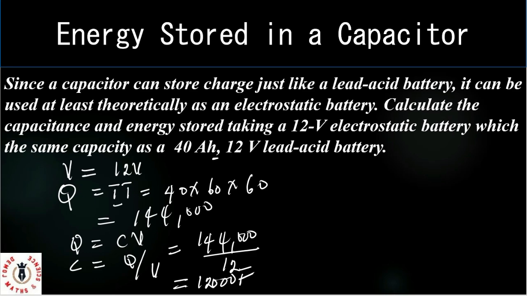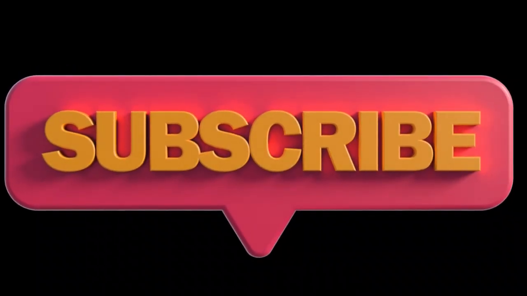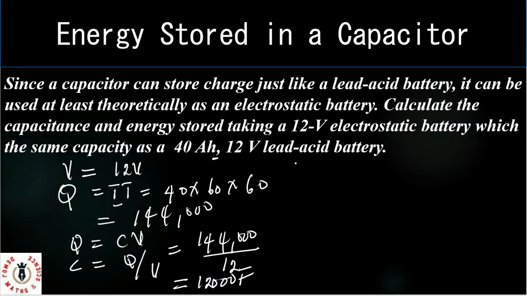Now, if that's 12,000 farad, I can begin to think of the energy stored. Remember that our energy stored is the same thing as half CV squared.